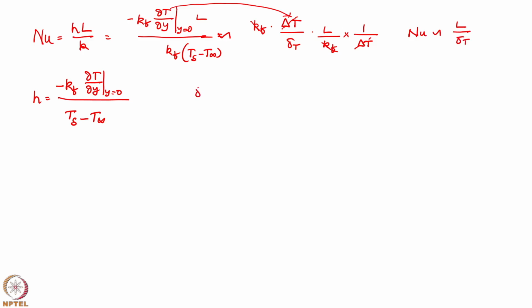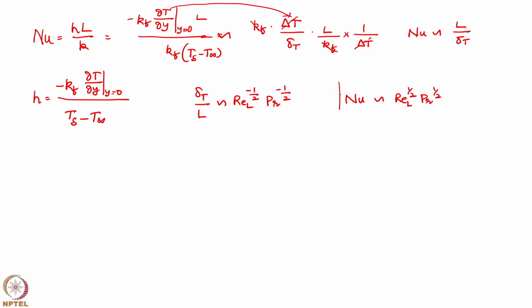We have found that delta T by L is of the order of Re_L to the power of minus half, Pr to the power of minus half. So, Nusselt number will be of the order of Re_L to the power of half, Pr to the power of half.